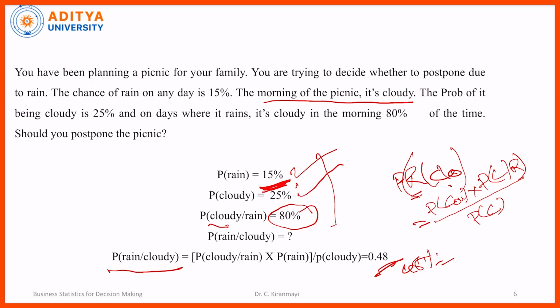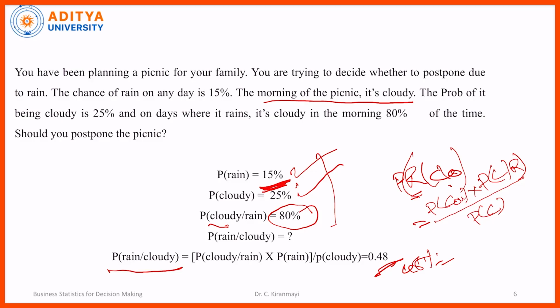What is the hypothesis? The probability of occurrence of an event, the possibility of occurrence of a particular outcome, that is raining.